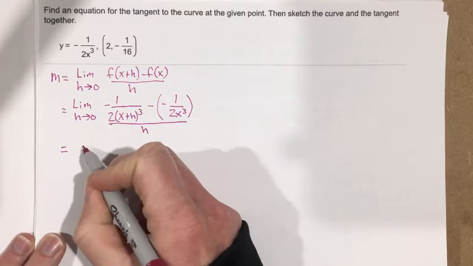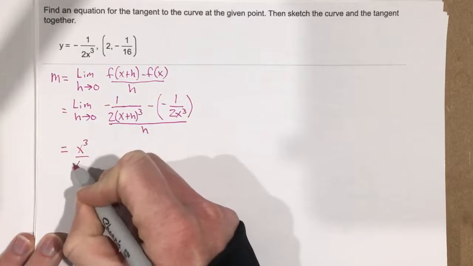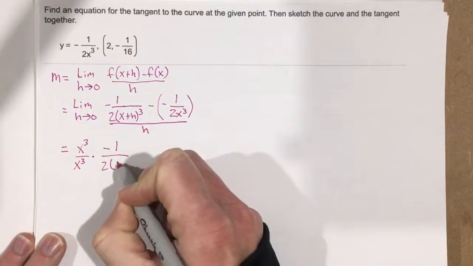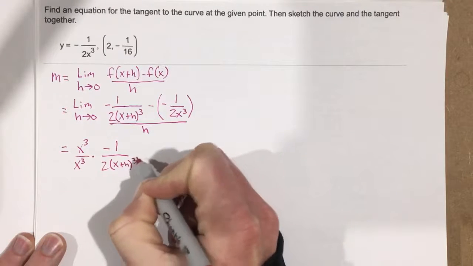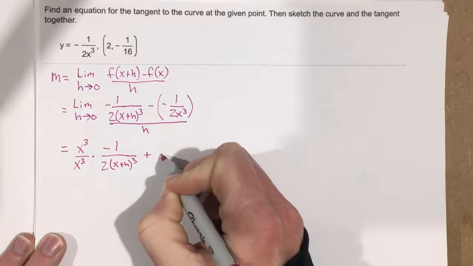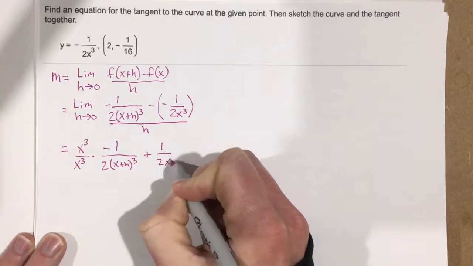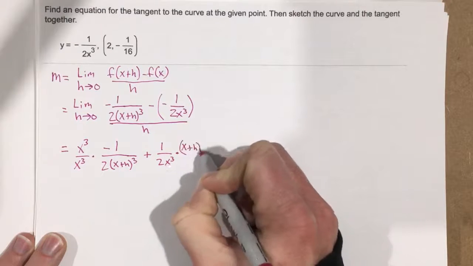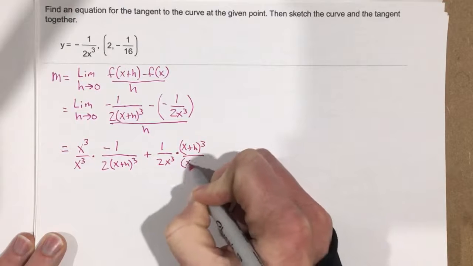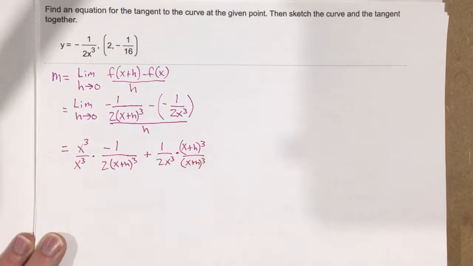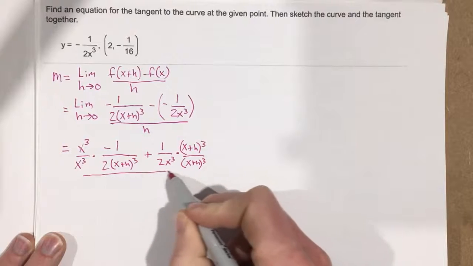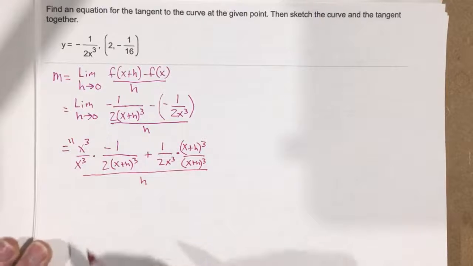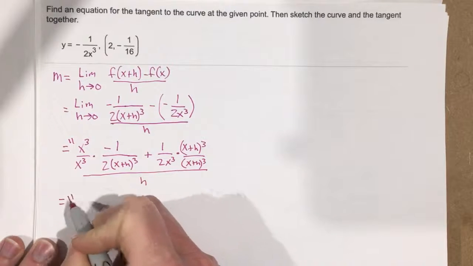So it's going to look like this: x cubed over x cubed times negative 1 over 2 times x plus h cubed, plus 1 over 2x cubed times x plus h cubed over x plus h cubed. And this is still all over h. I forgot to write the limit, so we'll put a ditto there: limit as h approaches 0, equals ditto.